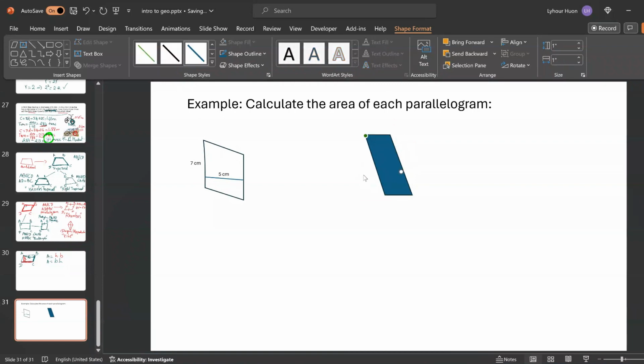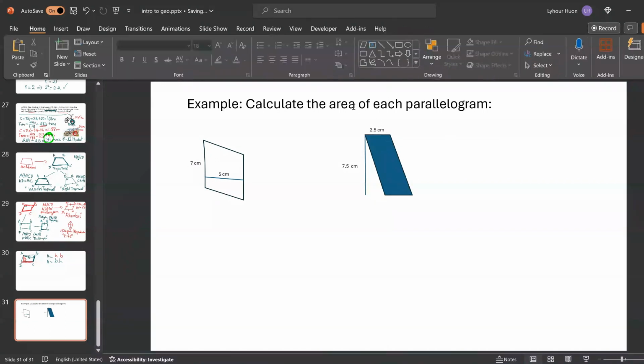So we have this perpendicular here, which is 7.5, and here it is 2.5.